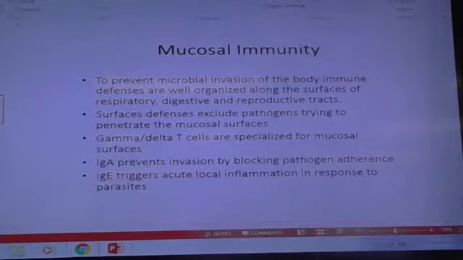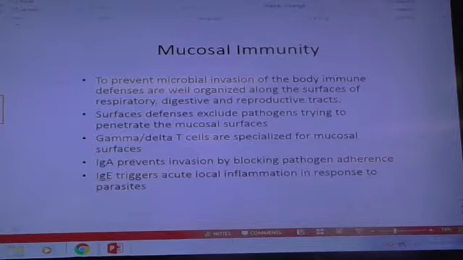Ruminants have more IgG1 protecting the mucosal surface. They may have few IgA antibodies, but the predominant immunoglobulin in ruminants protecting mucosal surfaces is IgG1. If I ask in a dog or cat what's the predominant immunoglobulin in the nasal secretions, it's IgA. But in the calf, you should say it's IgG1.